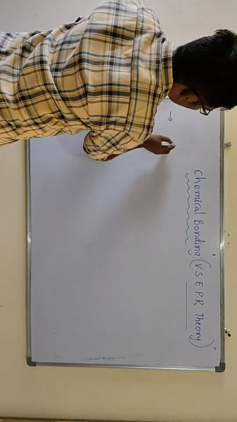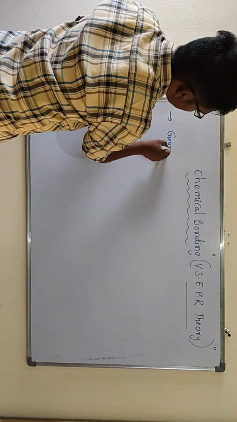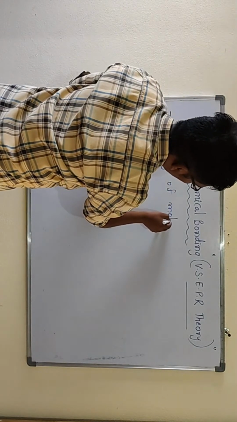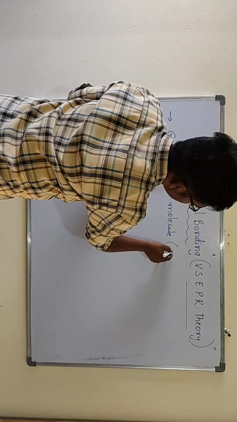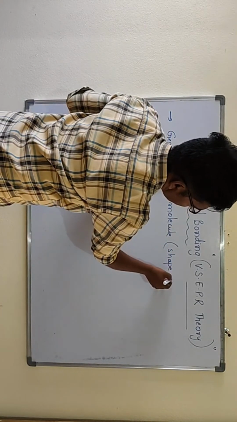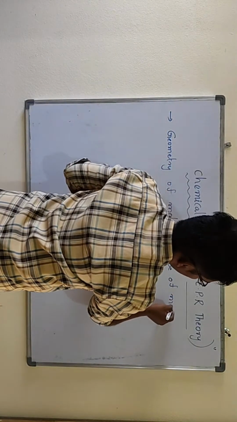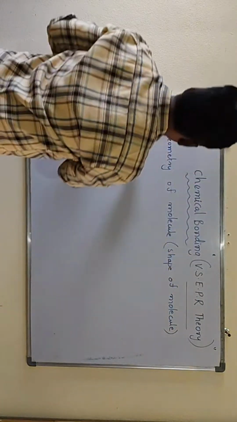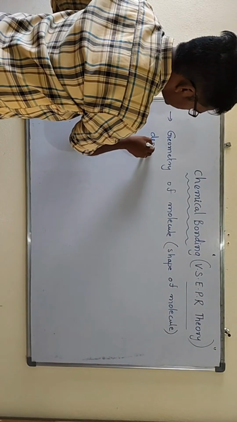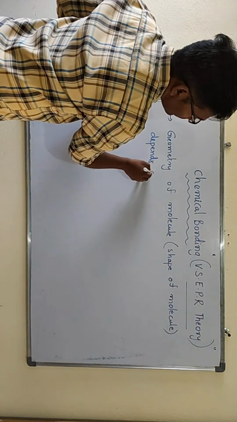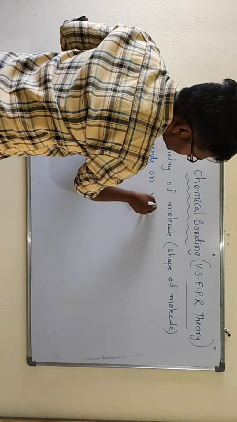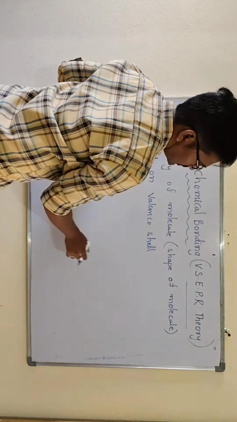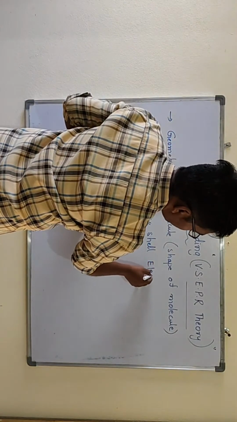So geometry of the molecule, or we call the shape of molecule, depends on valence shell electron pairs.